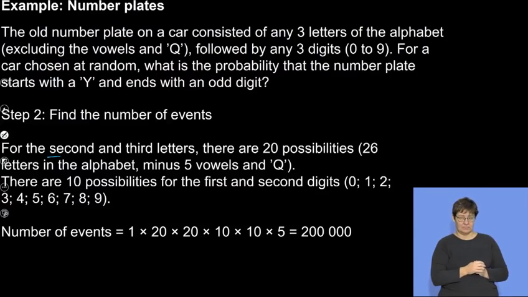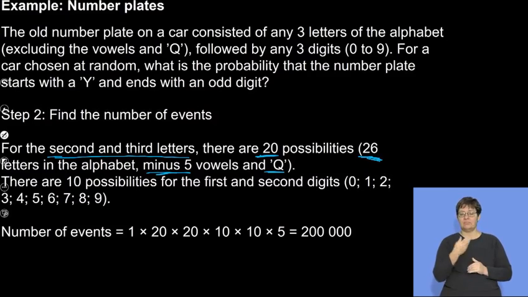For the second and the third letter, there are 20 possibilities. Remember we have 26 letters in the alphabet. We have to minus 5 vowels, and we have to minus the Q, then we're left with 20 letters.